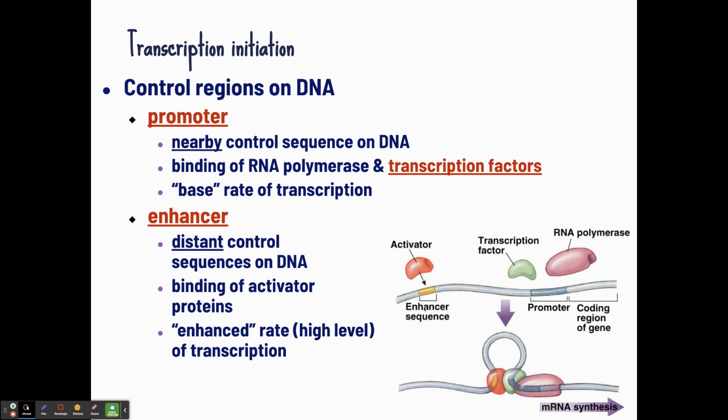It's bound by an activator protein, giving an enhanced rate or high level of transcription. When this is turned on, it submits our proteins to turn on transcription. As we can see here, it will pinch and bind to this little green molecule, which then causes our RNA sequence to be made.